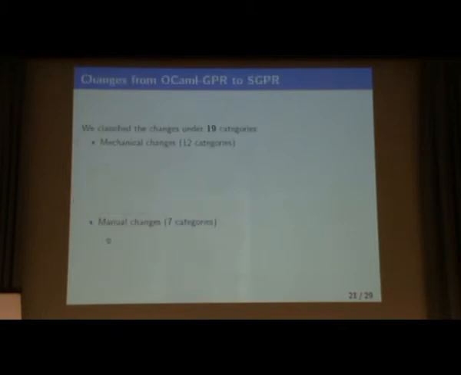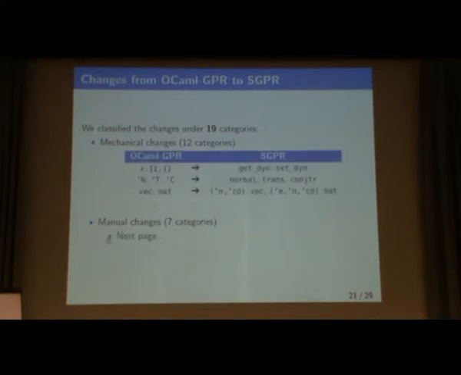Our point was we don't want to require too many changes to the applications. So we counted the changes we needed. We haven't yet implemented any automatic translator or anything, but most of the changes are, we believe, mechanical. We did it just by hand, but they are pretty mechanical.